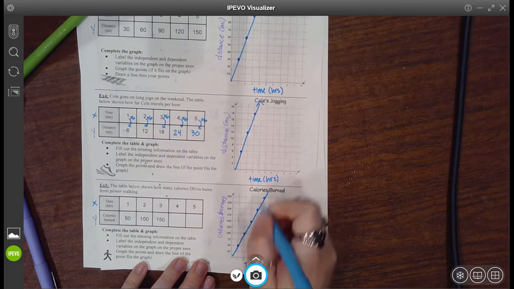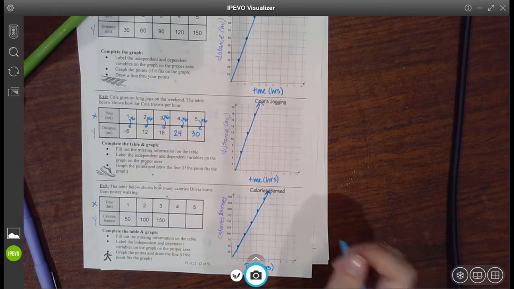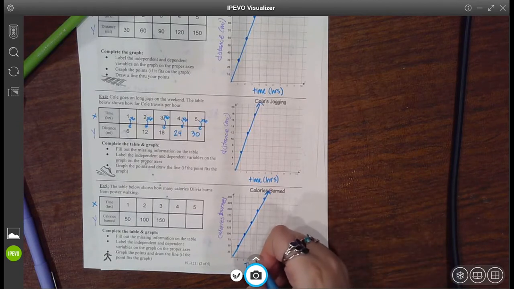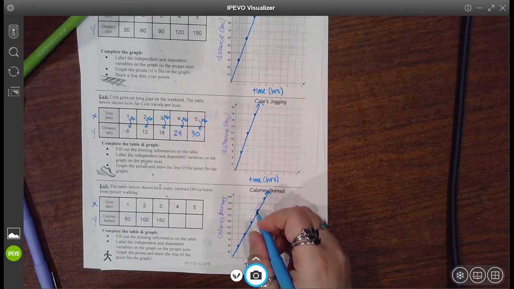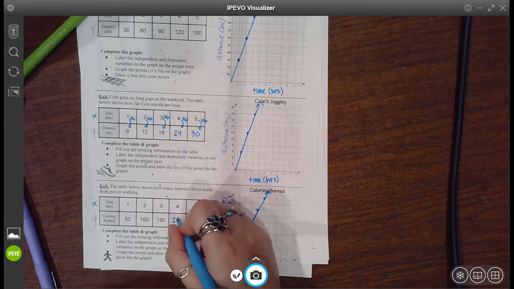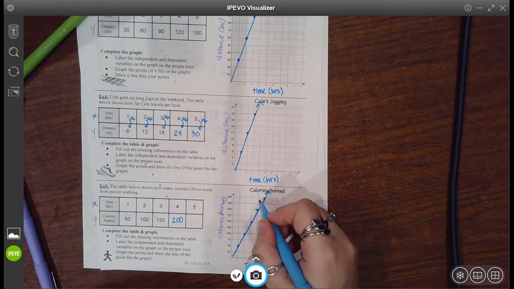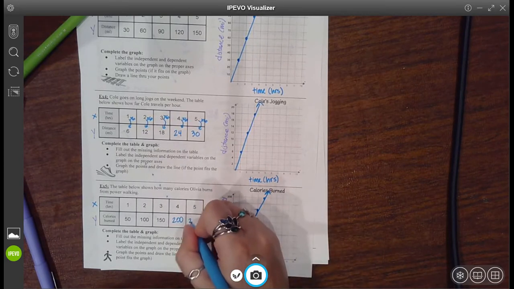So I could extend my line that way if you don't have a ruler as well. Now I can use that to see that 4 hits right here, which is 200 calories, and 5 hits right there at 250.